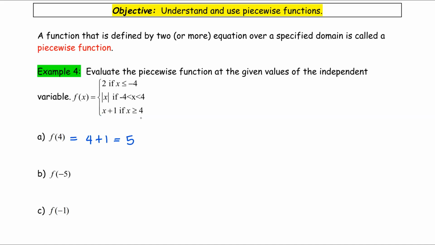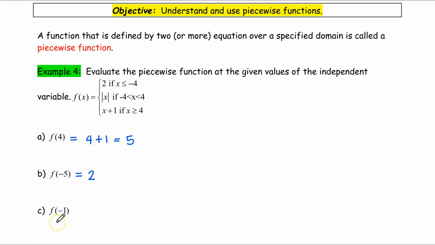Now, f at -5. -5 can be found on this interval here. Because of the definition of the function, if x is less than or equal to -4 and -5 is on that interval, the function is equal to 2. So f of -5 is just equal to 2.